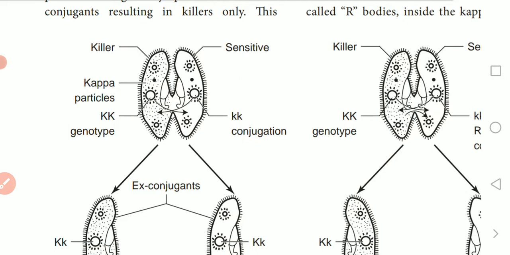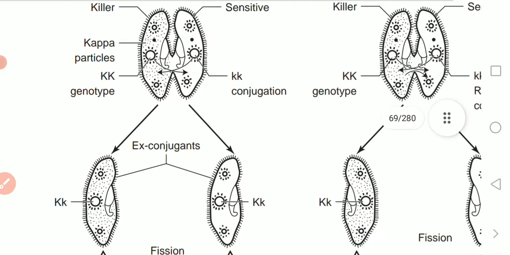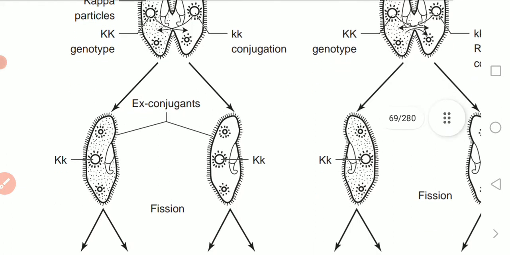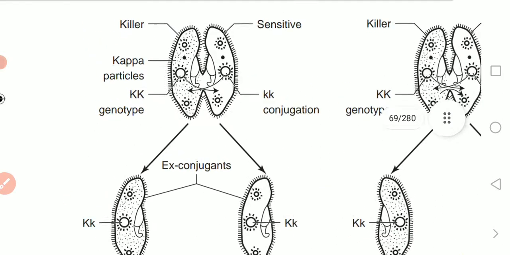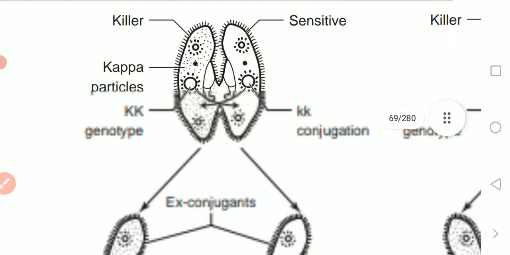Otherwise, they cannot kill the other organisms. It is not harmful to anyone. The capital K genotype suggests that both exconjugants should be killers. That's why I explained to you: the kappa particle present inside the nucleus and the kappa particle present in the cytoplasm, both should be dominant K. Then only can they kill the other organisms. Otherwise, they cannot kill.